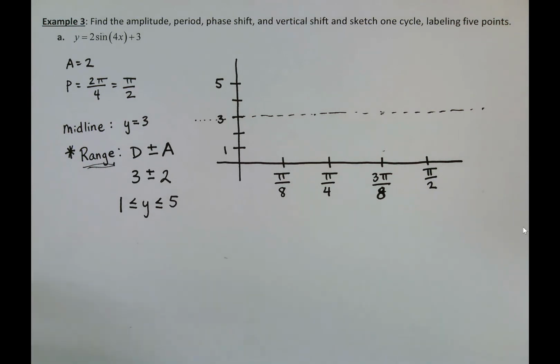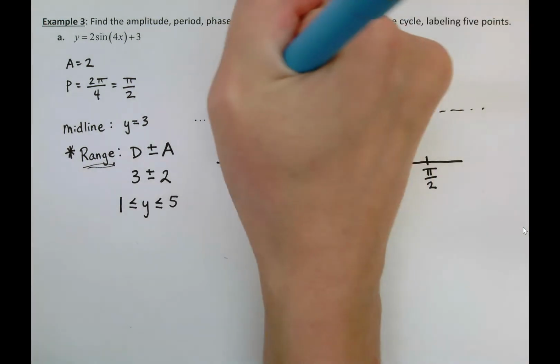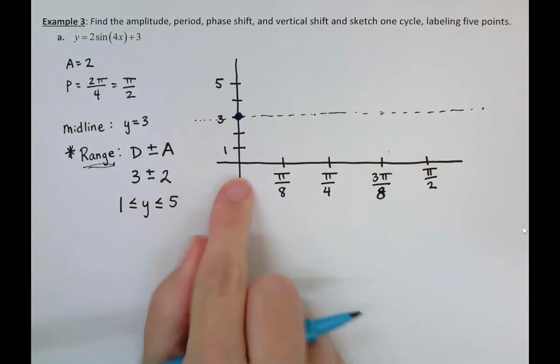So now we're going to graph sine. And the basic shape of sine, remember, sine starts on the midline. So our midline is at 3, so the sine graph is going to start at 3, and it's going to start at our beginning point, which is 0 because we had no horizontal shift. So we're going to start on the midline at that 0 mark.